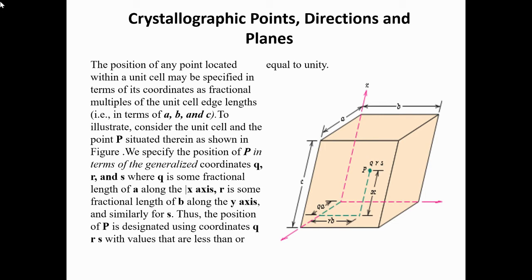How can we specify this point P? It can be expressed in terms of the coordinates q, r, s, where q is the fractional length of a along the x-axis, r is the fractional length of b along the y-axis, and s is the fractional length of c along the z-axis.